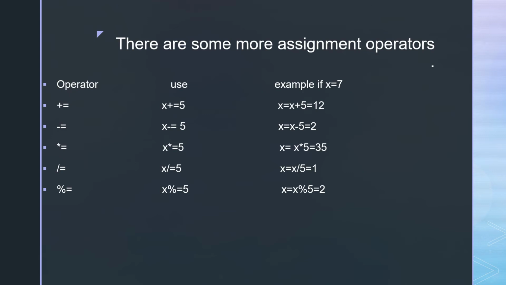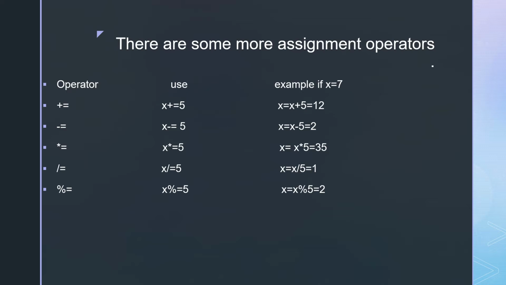We can form many other assignment operators by combining arithmetic and assignment operators, like plus equal to. If I write x plus equal to 5, I am adding 5 to x. If x is 7, it will become 12. Minus equal to means I subtract 5 from the value of x, that is x is equal to x minus 5, that is 2.